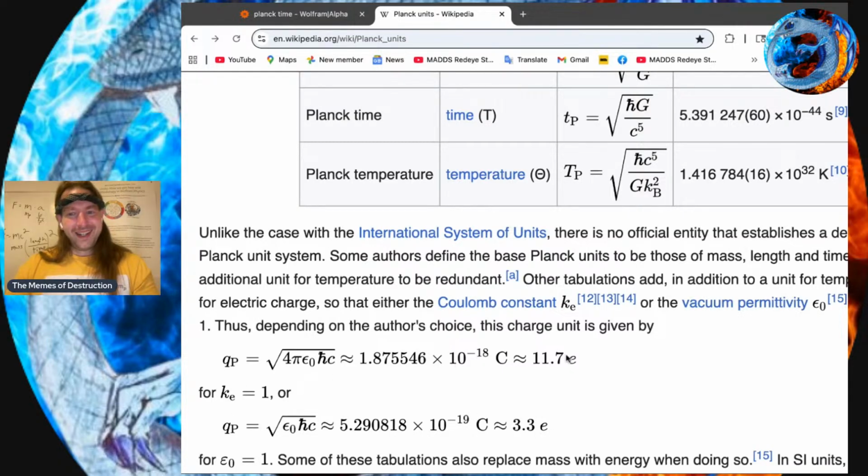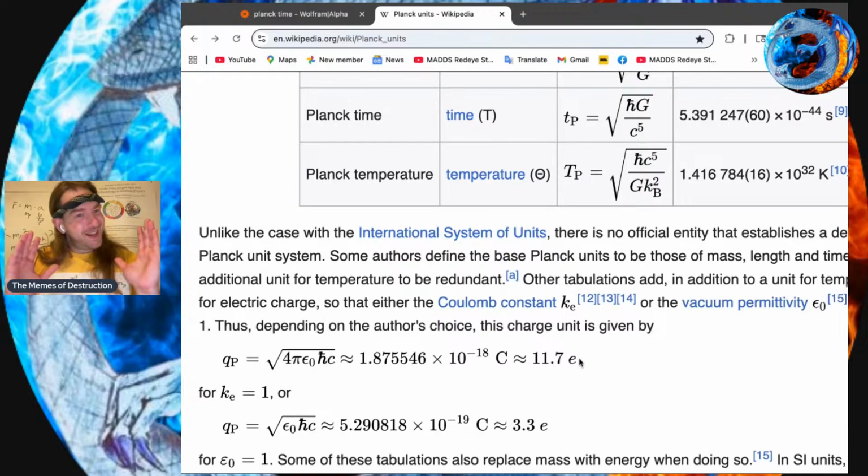Well, the difference is it's either about 3.3 times the elementary charge, so the charge of an electron or proton, and then the Planck charge would be equivalent to 3.3, or the square root of the fine structure constant here. I happen to be more amenable to that because if you square this, you will get 137.03599 if you actually put it in there.